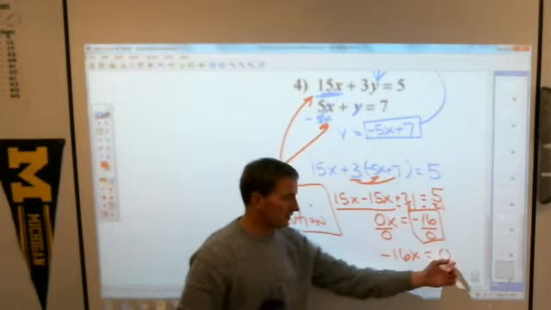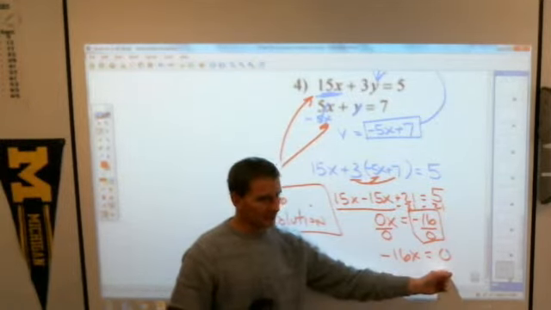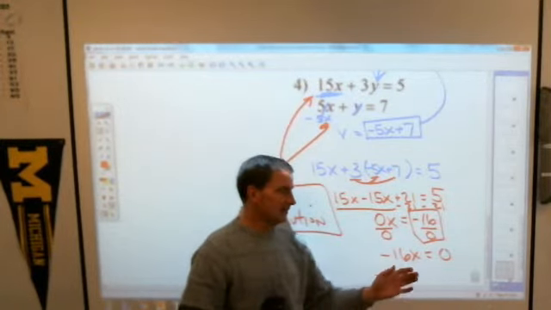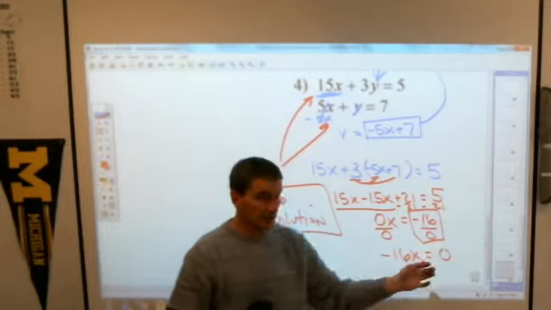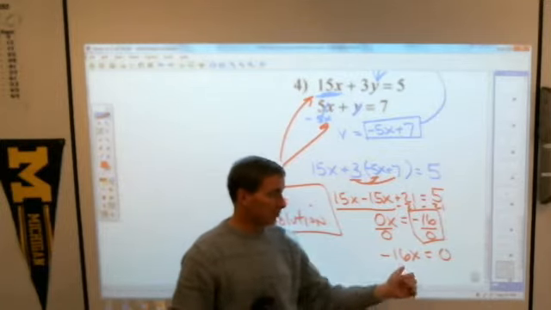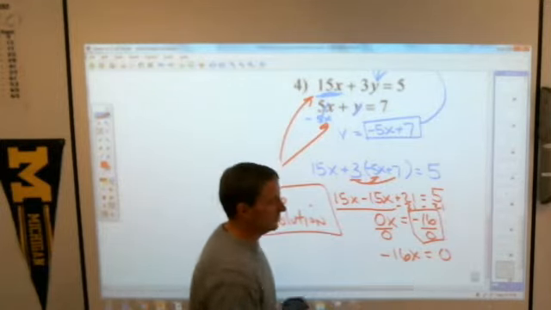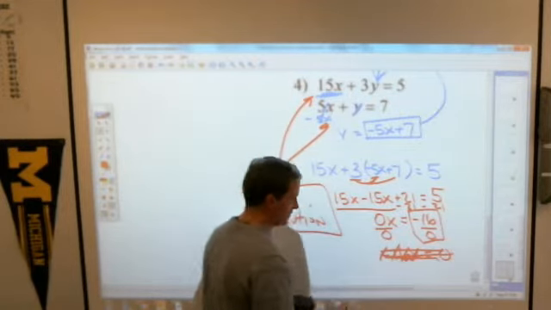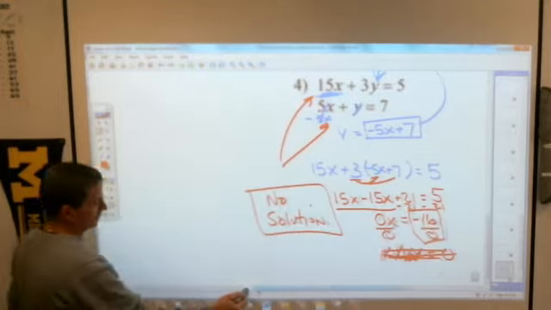So don't think that just because one of them is 0, you cannot solve it. You can solve it as long as there's not a 0 in front of the x. If the 0 ends up on the other side, that just means one of the places it crosses is where x is 0. I just have to caution you.